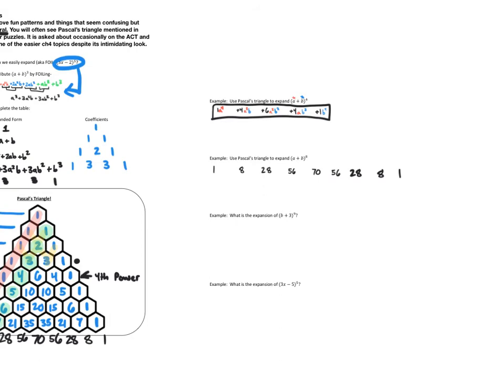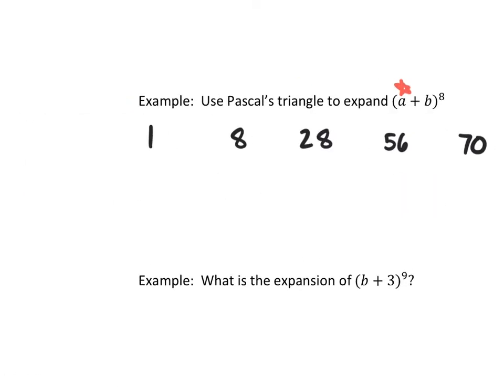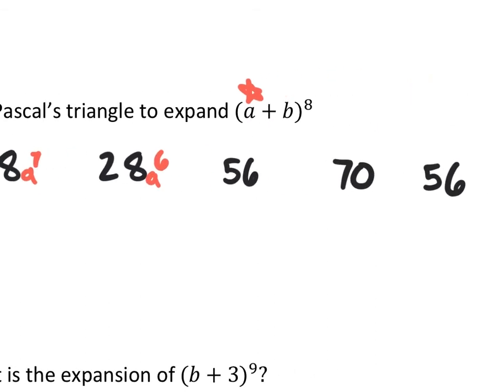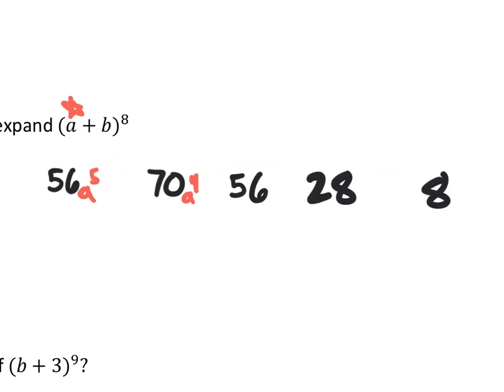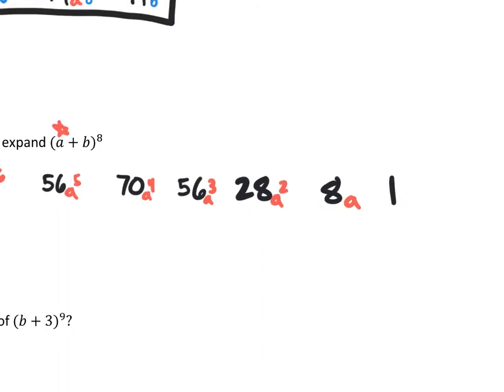Okay, now we simply take our variables. So I'll start with a, because it's on the left, to the 8th power. So a to the 8th, a to the 7th, a to the 6th, a to the 5th, a to the 4th, a to the 3rd, a squared, a, and I know I did it correct because I ran out before I got to the last one.